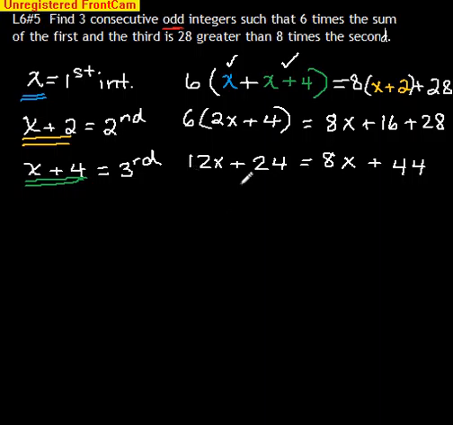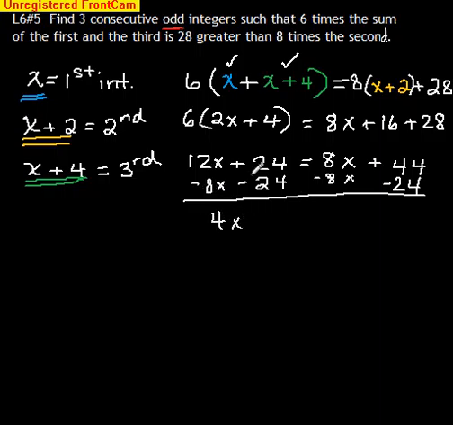X is on one side, numbers on the other. I'll just put this in here for you. And then we would subtract this 24 over to there. And draw our line. And here we get 4x. We don't have the 24s anymore. Equals 20. Did I subtract that right?